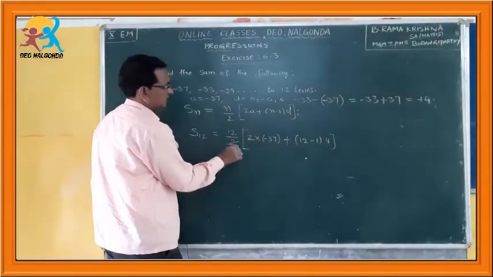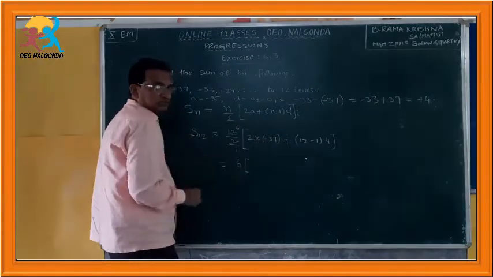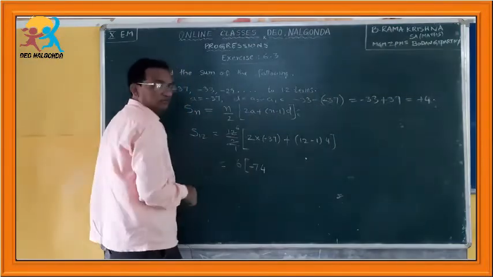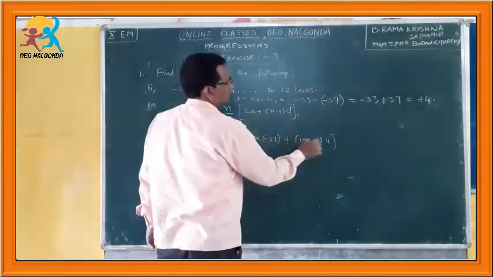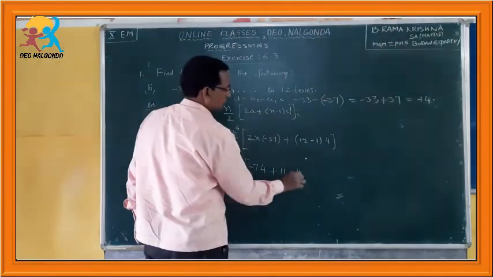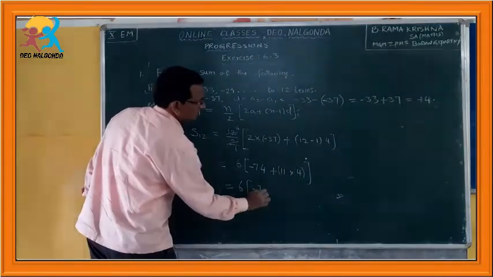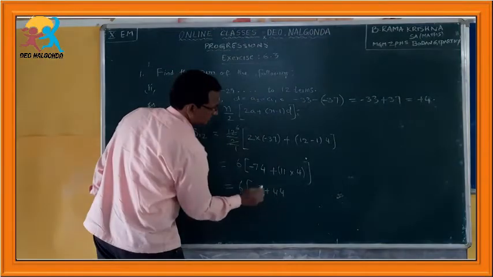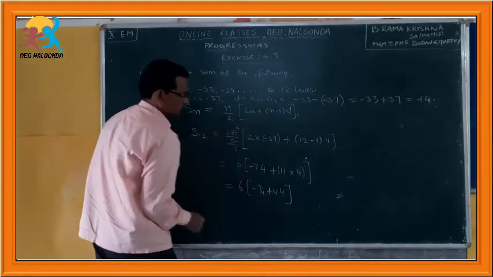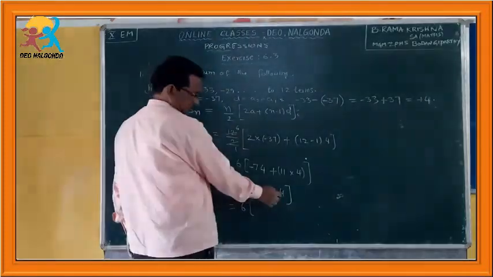So, if you simplify this, 2 7s are 14, 2 3s are 6, so 74, you have a minus sign, put a minus sign. 12 minus 1 is 11. 11 into 4 is 44, which is equal to 6 into minus 74 plus 44.